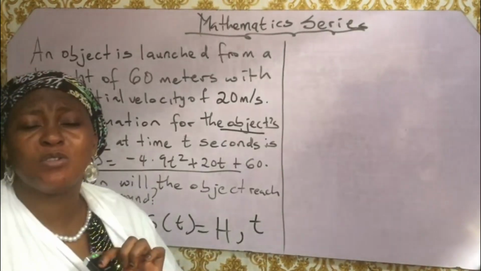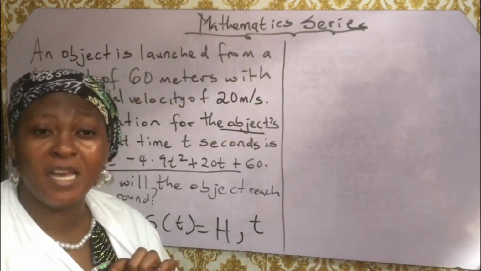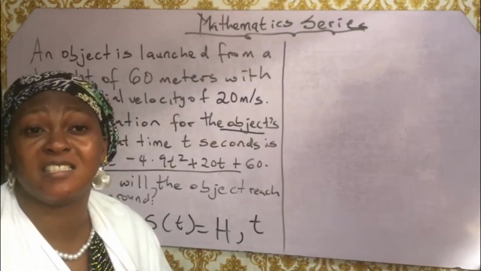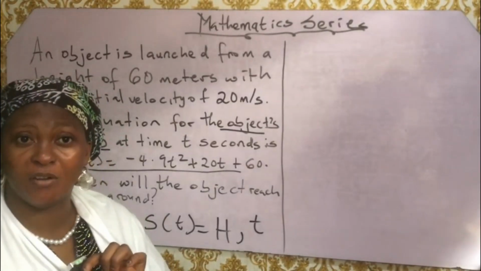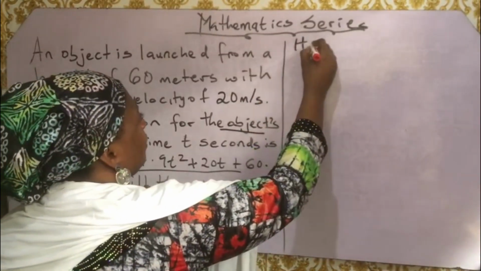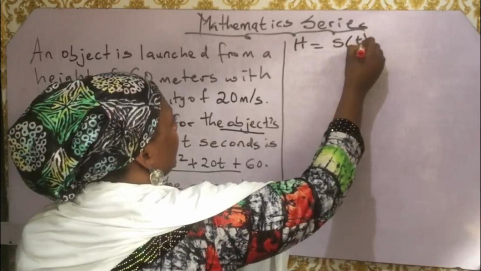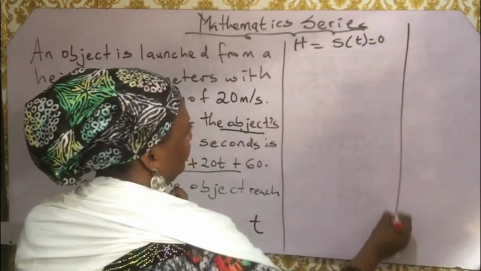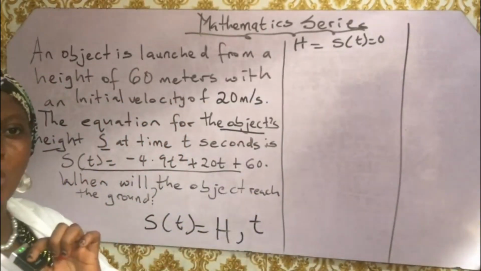When you say the object is going back to the ground, it means that the height is at 0, because when something is on the ground, the height is 0. So it means h, which is the same thing as s as a function of t, is equal to 0. So how do you solve this?